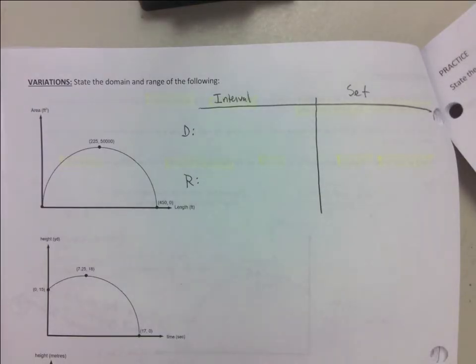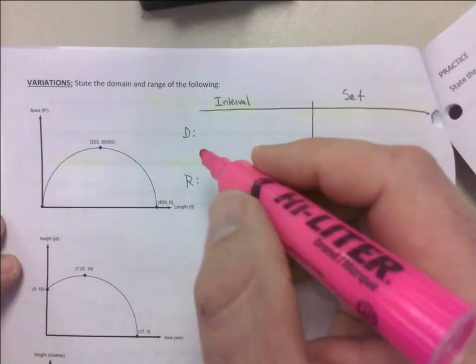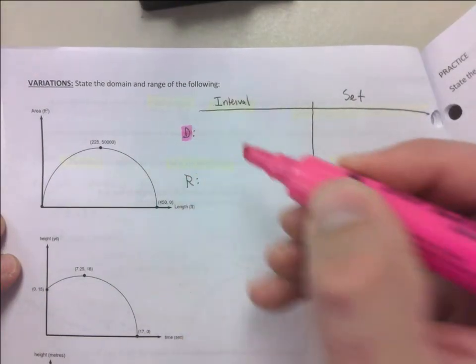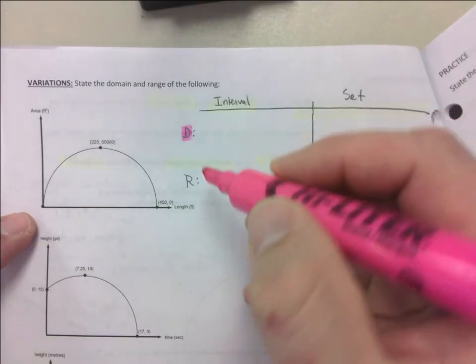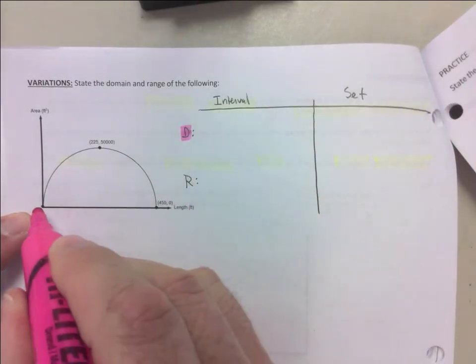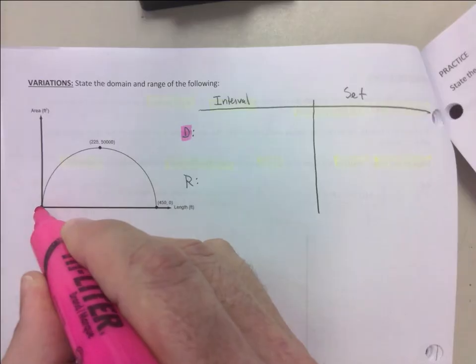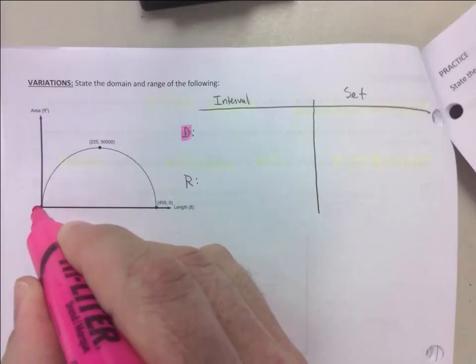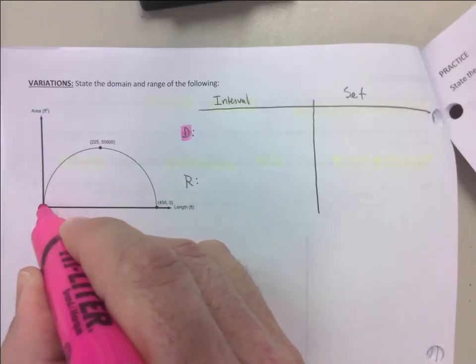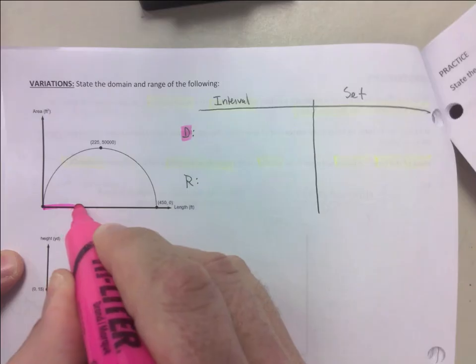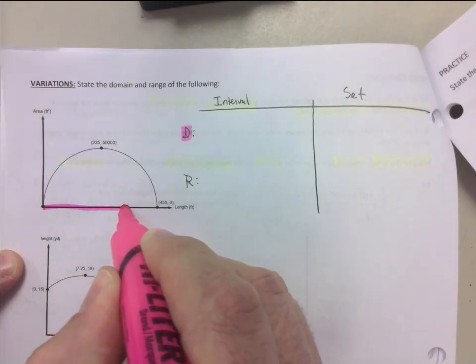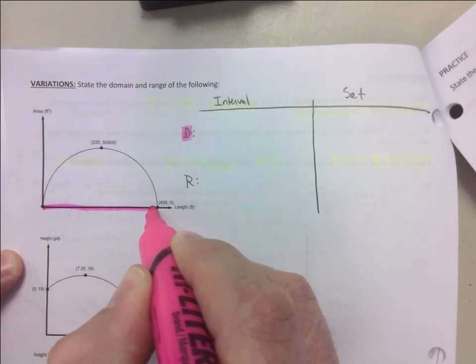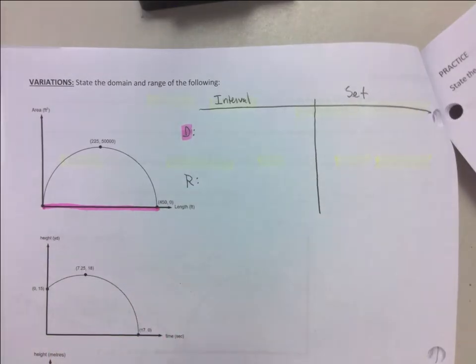So for my domain, I'm going to use pink. You want to go to the x-axis and see, is there a graph to be seen either above me or below me? And it is, right? It starts right here. Keep traveling along the x-axis. I still see a graph. I still see a graph. And then at 450, it stops.